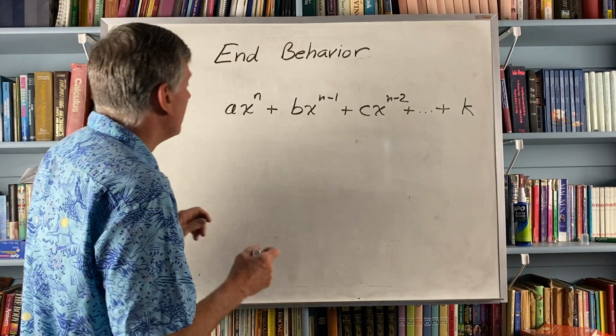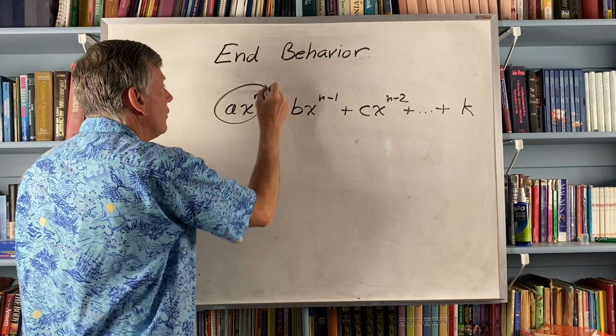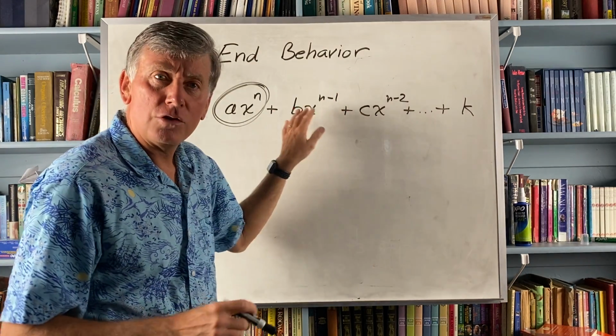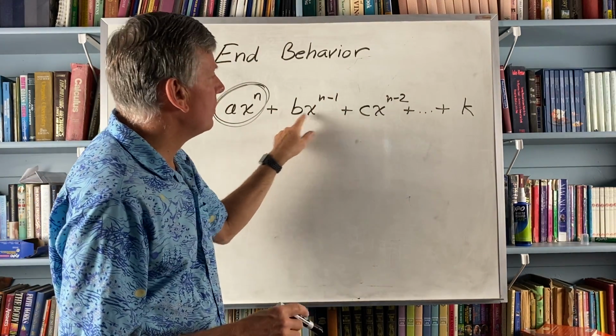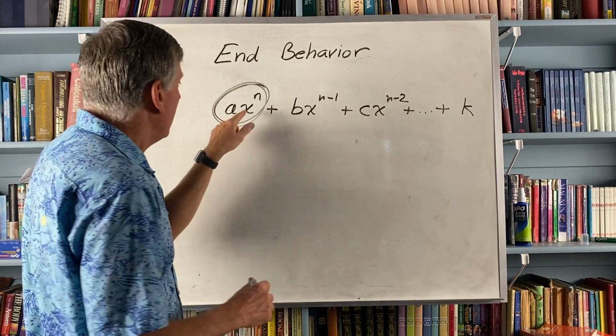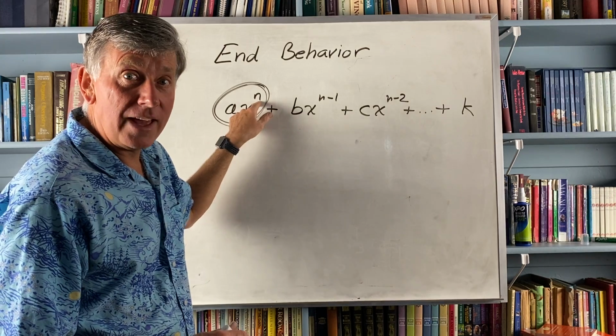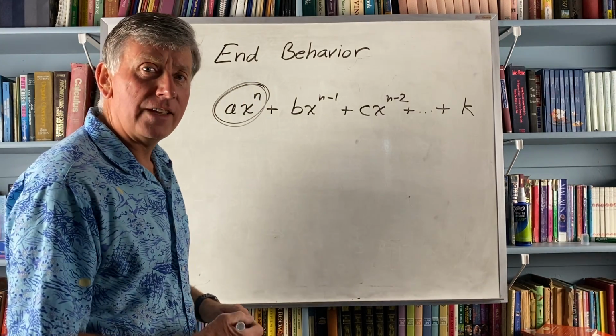End behavior is going to focus on this very first term because it doesn't matter what these other terms do. It doesn't matter how big b or c is. This x to the biggest exponent that we have is going to take over everything else.